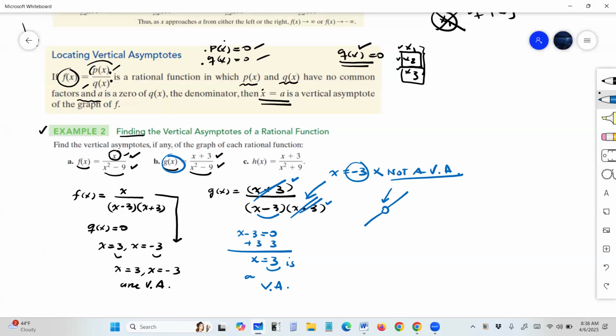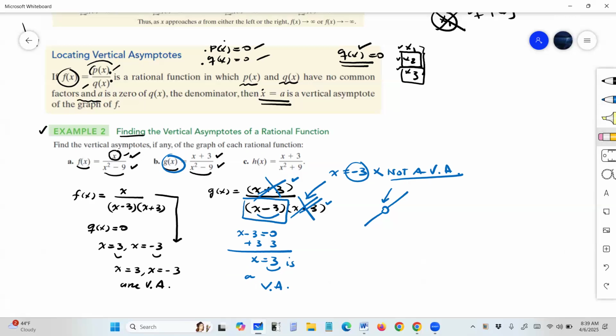There is a hole in the domain. We're going to see this when we are ready to graph these rational functions. But for now, what we are trying to do is just to find and locate the vertical asymptotes. So if they have a factor in common, we cancel that and we just set the remaining factor to 0 and solve that for x, and that would be our vertical asymptote.